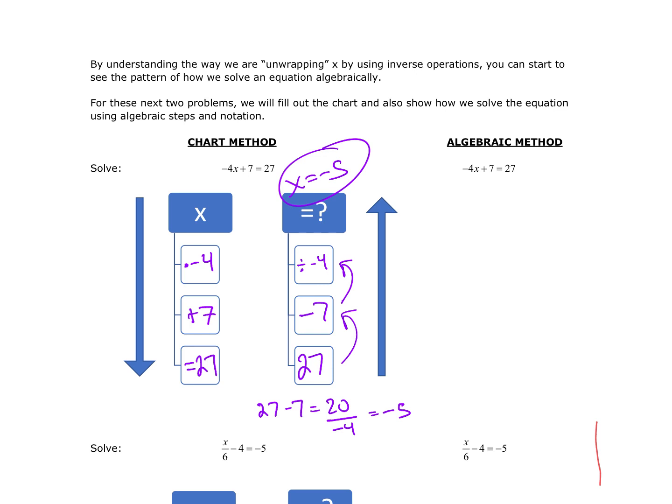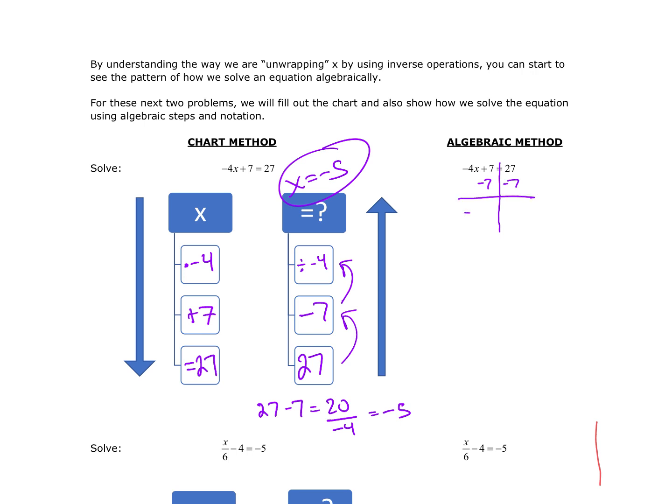Now, some of you have learned an algebraic method. Let's kind of tie this together. I want you to see how they connect. So I'm going to, just like we were doing in the first video, draw my line down there. The first thing we do, again, we have to undo adding or subtracting. So plus 7 is there, we subtract 7.